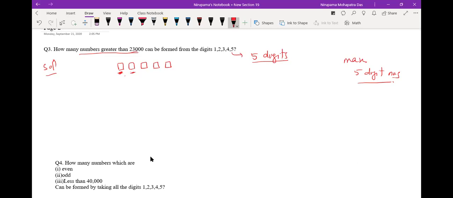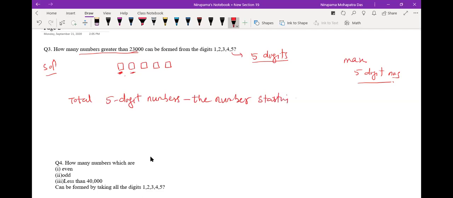23,000. So the required number will be the trick: total 5 digit numbers minus the numbers starting with 1.